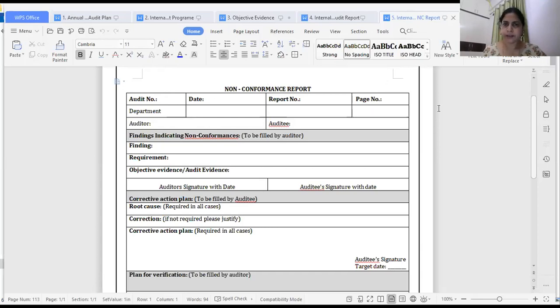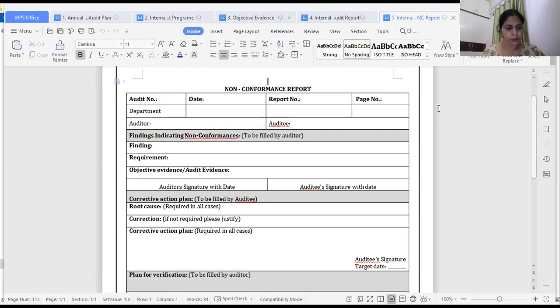As I said, non-conformance is a serious aspect actually. The process owner will be under task when you are raising the non-conformance. Non-conformance can be raised on improper documentation, or on not taking responsibility of that process by the process owner.